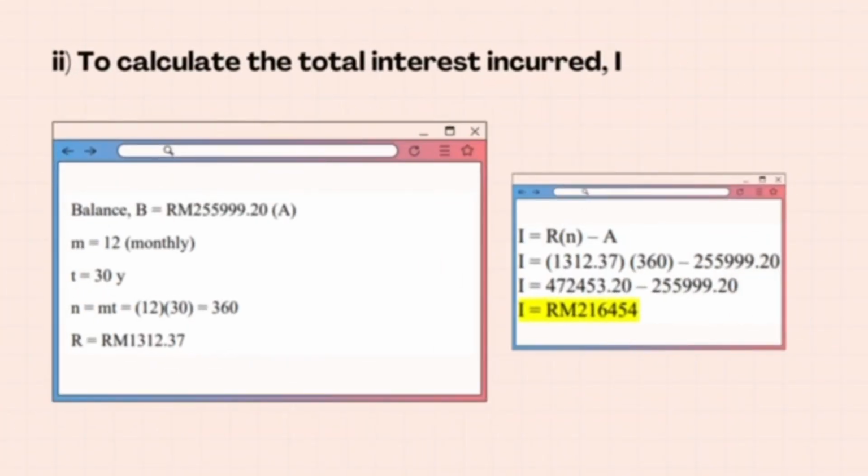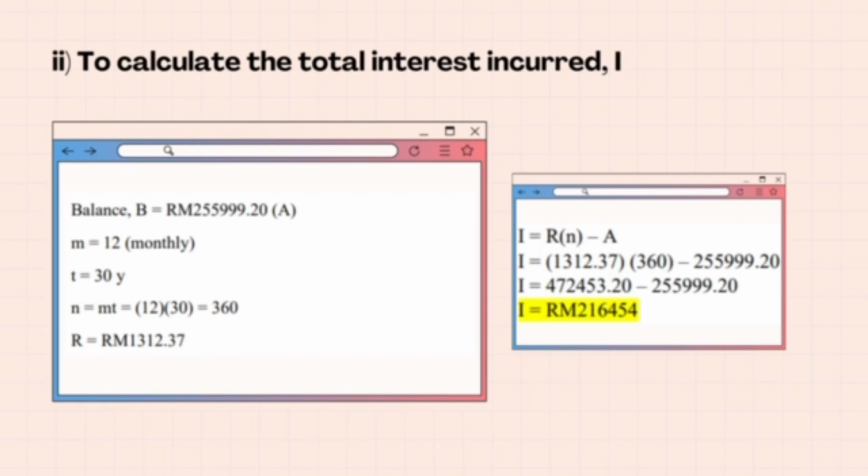To calculate the total interest incurred I, we first need to list down the keywords we get from the question. We use the formula I equals Rn minus A. To find I, we get R, which is 1,312.37, in brackets, and for n we get 360, close the bracket, minus 255,999.20.